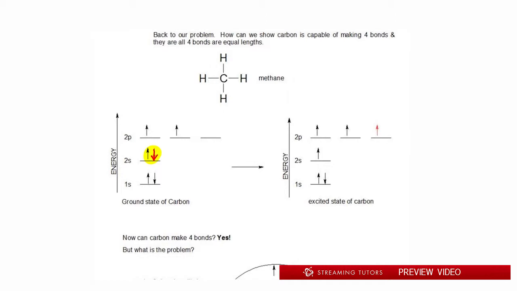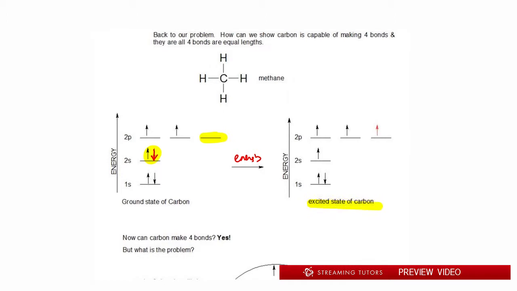But now, what if I was to give it energy where it can take that electron and put it up into this empty orbital? We need energy to do this. And when the system can provide that energy, then that electron can go up into the higher energy state. This is called the excited state.